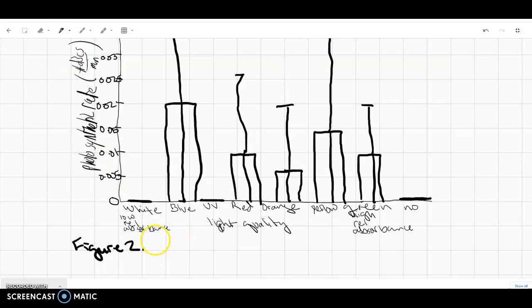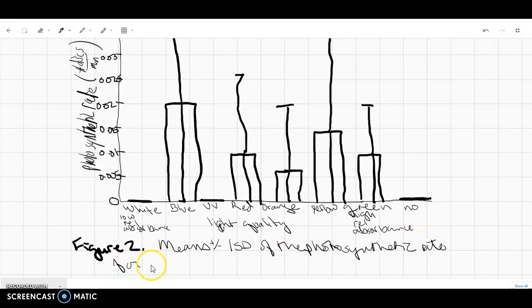So these are our means, plus or minus 1 standard deviation of the photosynthetic rate, for leaf discs floating under different light quality treatments.